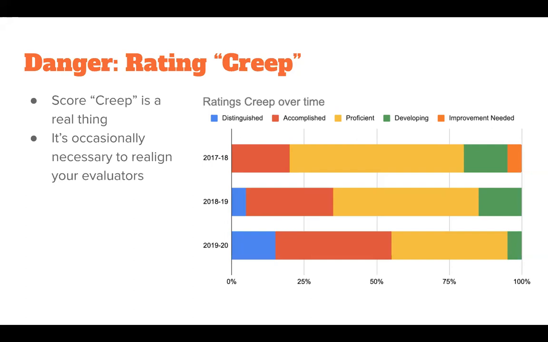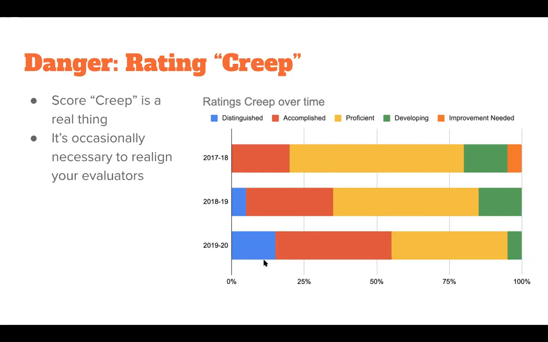You can see in the visual that I put together here, in a hypothetical situation, the percentage of how many ratings are given across the T-TESS rating rubric. In our example here in 2017-18, there were no distinguished ratings given, and quite a few proficient, and then a smattering on the bottom end. But in the next year, you see some distinguished start to appear, accomplished grows, and proficient shrinks a little bit.